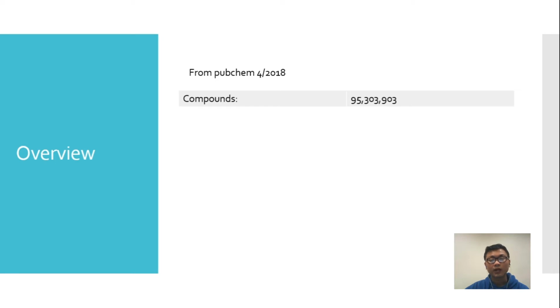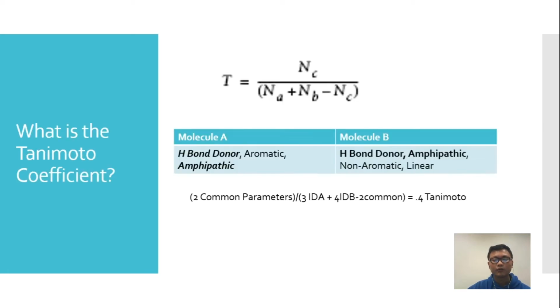It wouldn't be very practical for that drug company to go through all 95 million compounds in order to identify molecules which may be of interest in the lab. So that's where indices like the Tanimoto coefficient come into play.